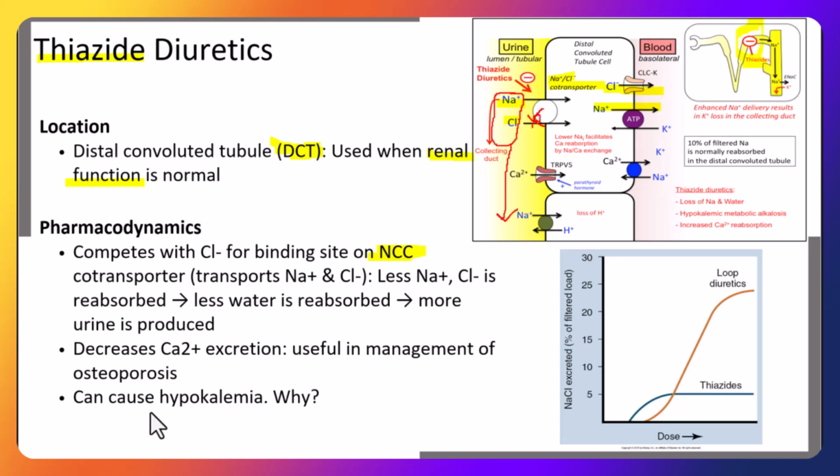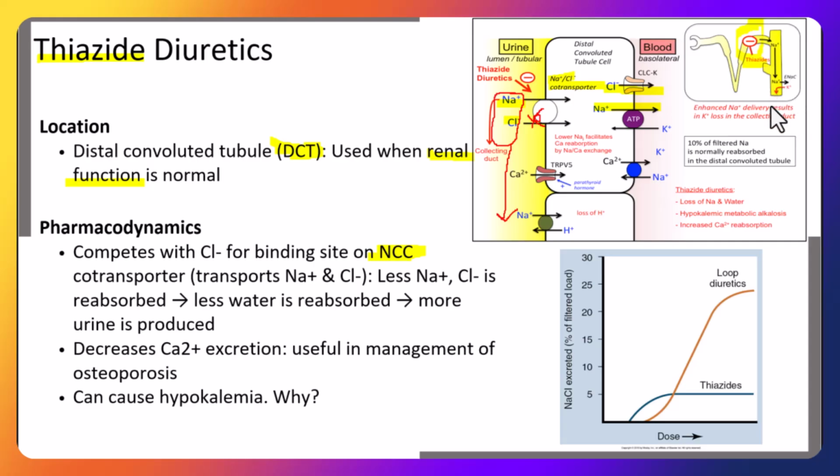Thiazide diuretics can also lead to hypokalemia, and it's really for the same reasons that I described with loop diuretics, where in the latter parts of the nephron, the more distal parts of the nephron, this is where the body's trying to compensate, and it says, okay, well, let's just reabsorb some sodium here then, since we didn't do it earlier. And it does so, but it exchanges some of that for potassium, as we've talked about that exchange before.